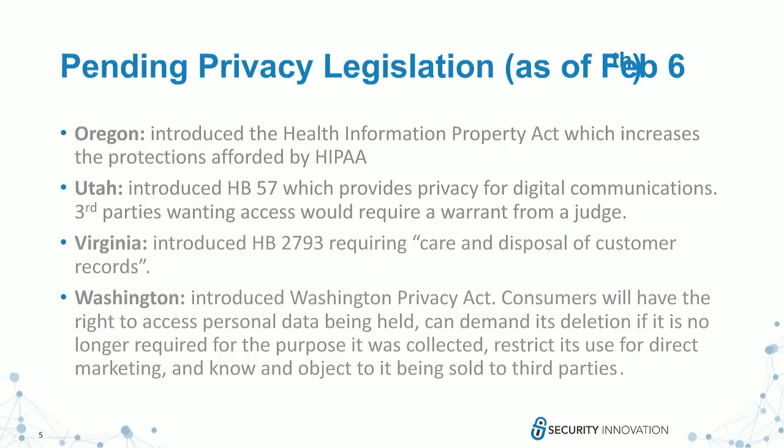So if third parties wanted access to data your organization has been collecting from your users, it would require a warrant from a judge. Virginia is introducing House Bill 2793, which focuses on requiring care and disposal of customer records. So they would legislate how long an organization would be allowed to store data, and what process they would need to go through for disposal of that data at the end of the data lifecycle.